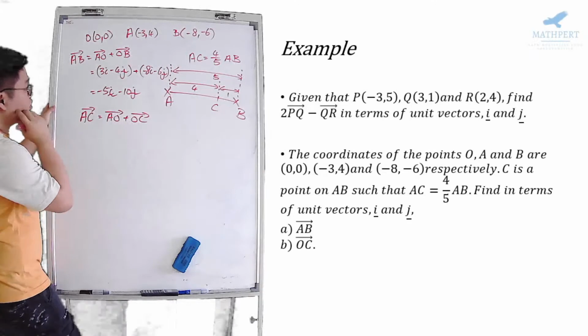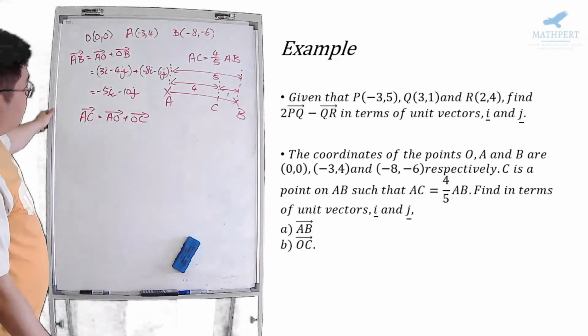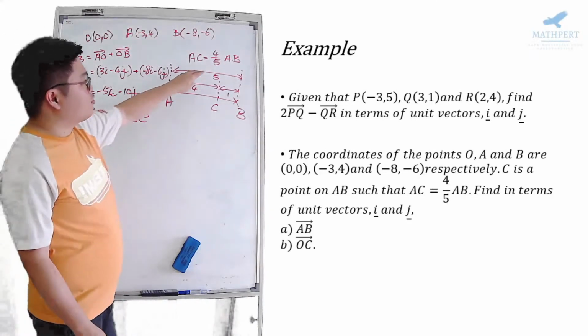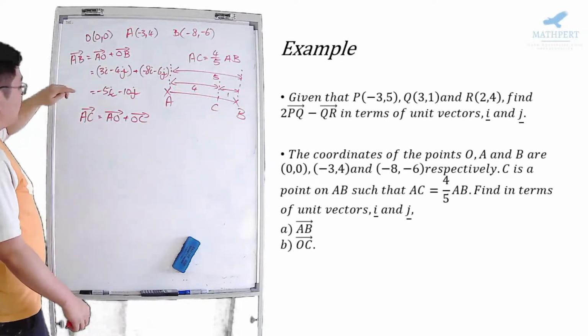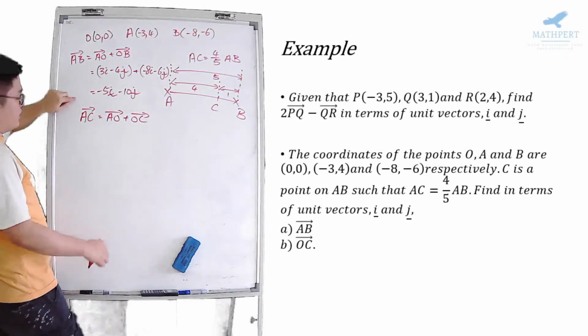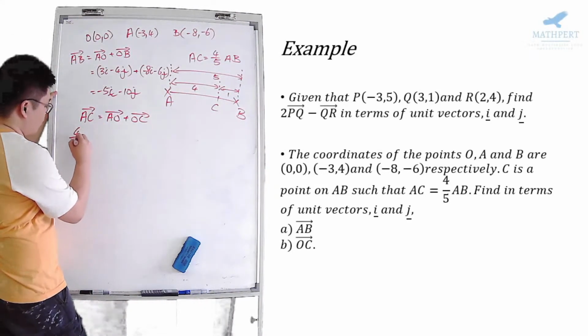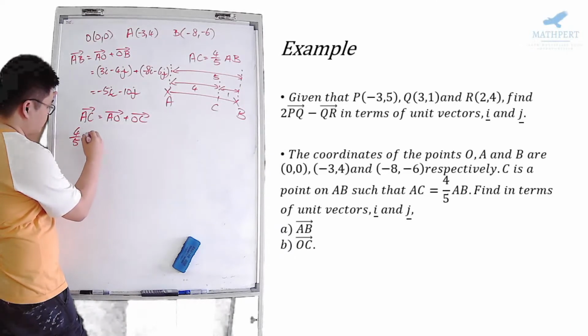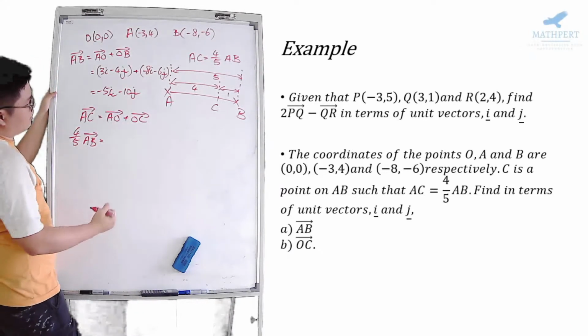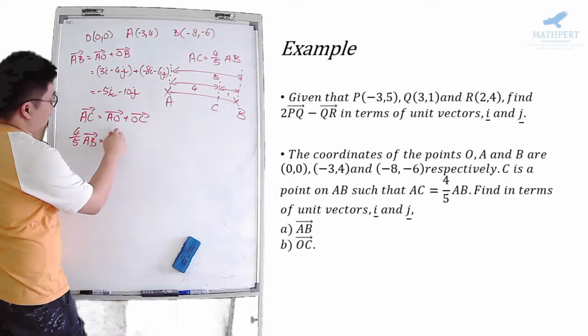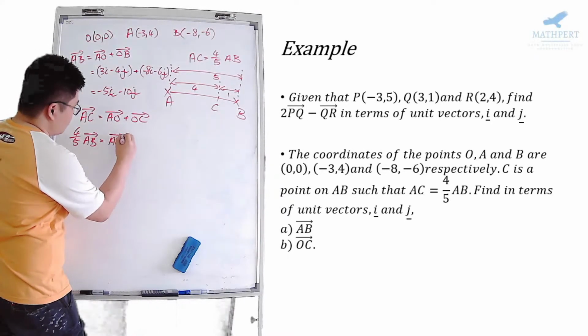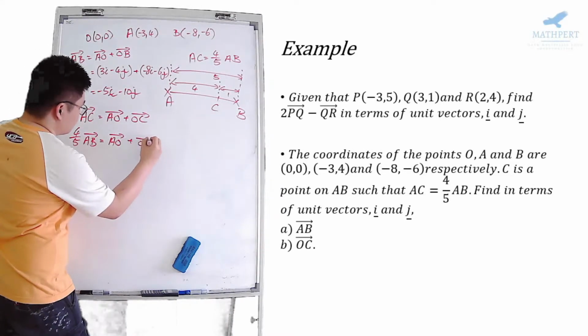We have AC equal to 4 over 5 AB, and AB is over here. So AC is equal to 4 over 5 AB, and the right side remains the same, AO plus OC.